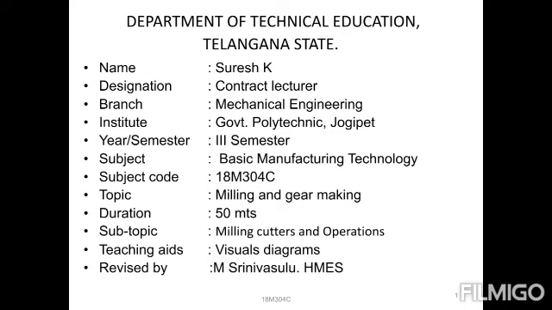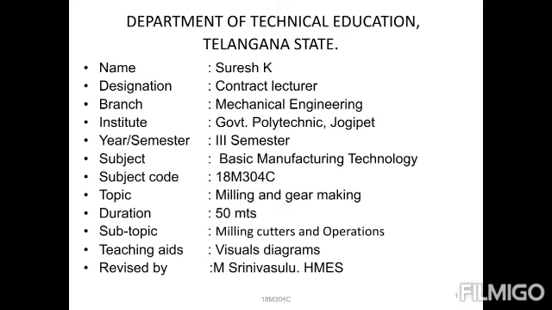So the milling machine is one of the versatile performers. It can do a maximum number of operations. Most machines have only a single point cutting tool, and they are utilized only for single-purpose operations. But there is a lot of difference in the milling machine.